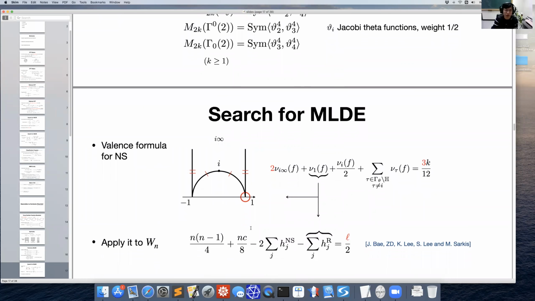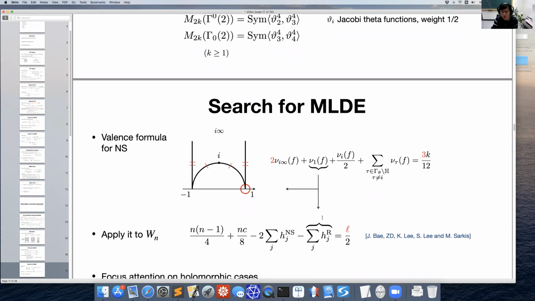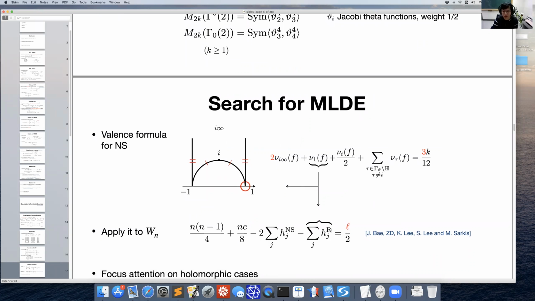Now let's apply this expression to Wn again, and I can get this expression. Let me first make a remark. It turns out that the cusp at this point is actually related to the conformal weight of the Ramond sector. Although here I'm only talking about the NS sector, if you write down the formula, you notice that the Ramond sector also plays a role.